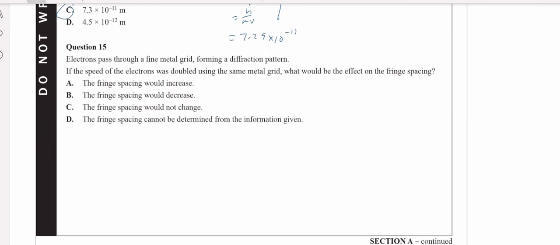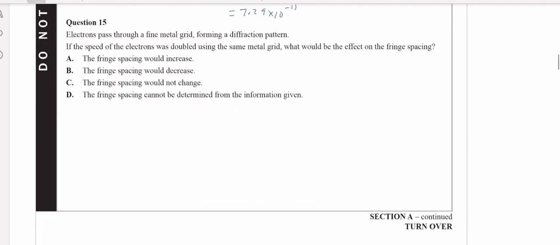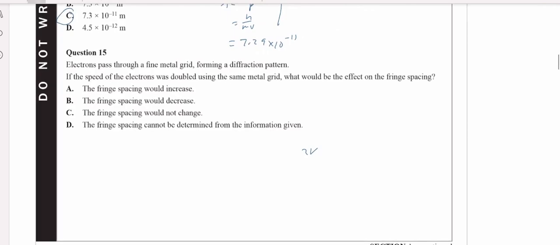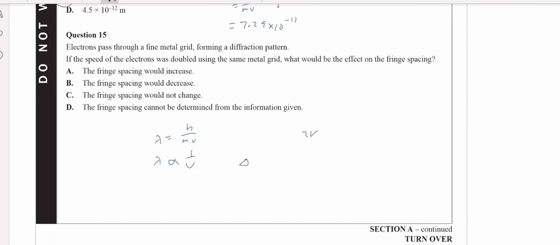Electrons pass through a fine metal grid, forming a diffraction pattern. The speed of the electrons is doubled using the same metal grid. So speed is doubled. Again, looking at the de Broglie wavelength formula, h over mv, lambda is inversely proportional to velocity, and fringe spacing is lambda D over d.